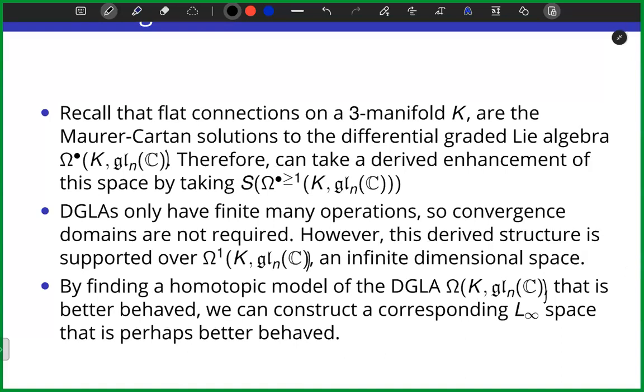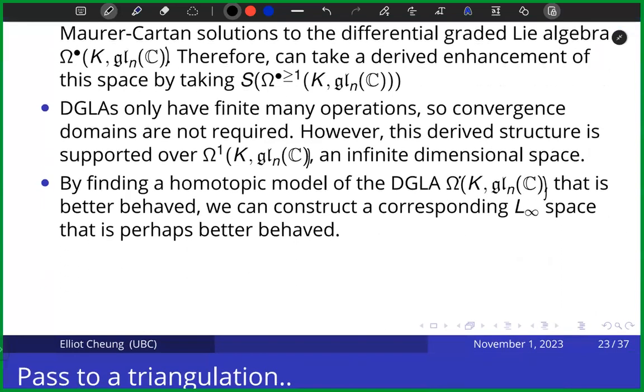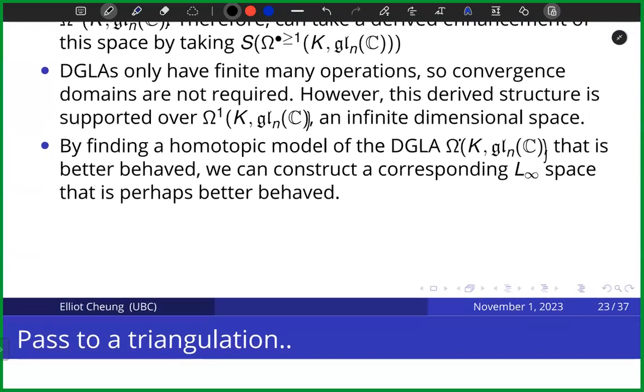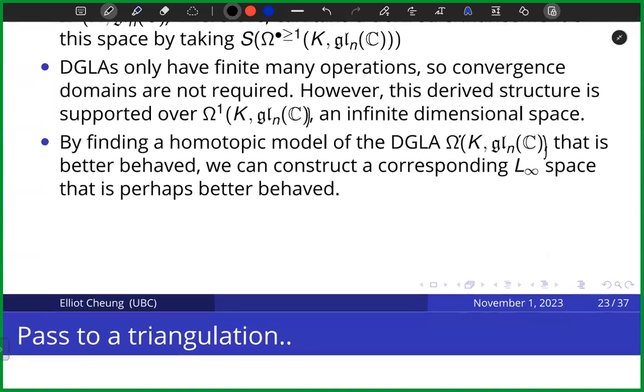So now the game plan here is that we want to find a homotopic model of this differential graded Lie algebra that's better behaved. So the hope is then the corresponding L infinity space is also better behaved. And we do this by passing to a triangulation.